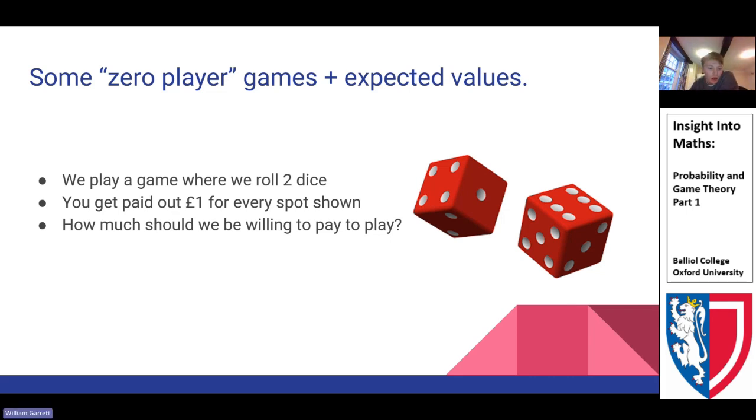If not, we can move on and I'll explain. Yeah, exactly right. The average of 2 dice is 7.